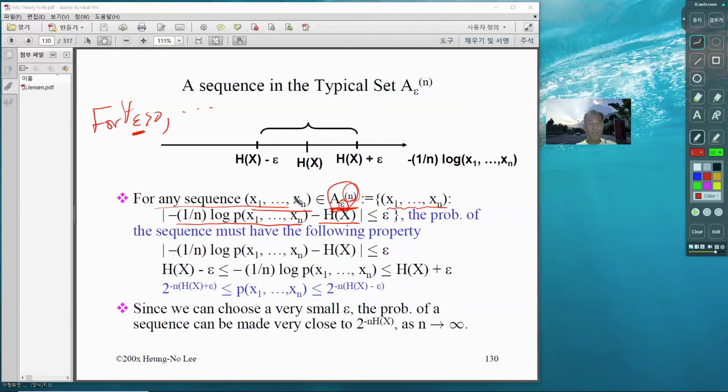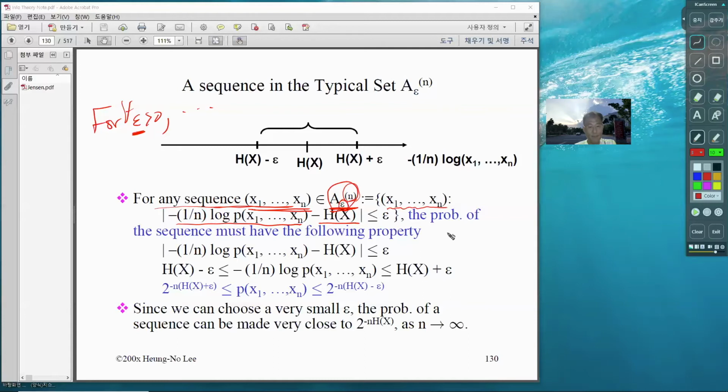So for any sequence within this set, the probability of the sequence must have the following property. So within this set, for any sequence you select, this sequence must satisfy the following property.